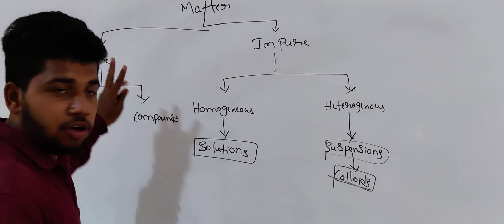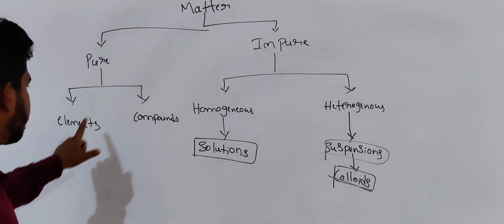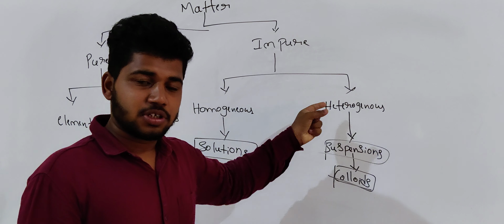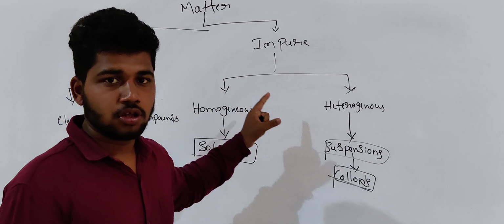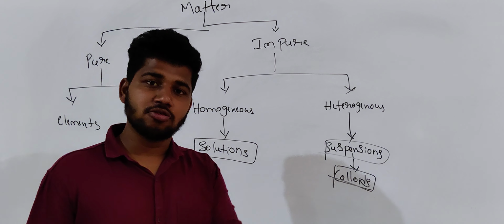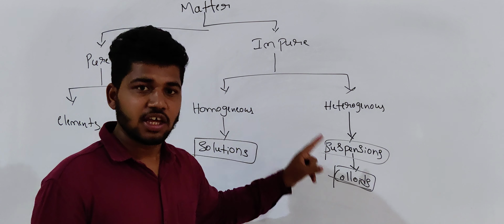To recap: matter is divided into pure substances and impure substances. Pure substances are divided into elements and compounds. Impure substances are divided into homogeneous and heterogeneous mixtures. The homogeneous mixture has only a single part, the solutions. The heterogeneous mixture has the suspensions and the colloids.